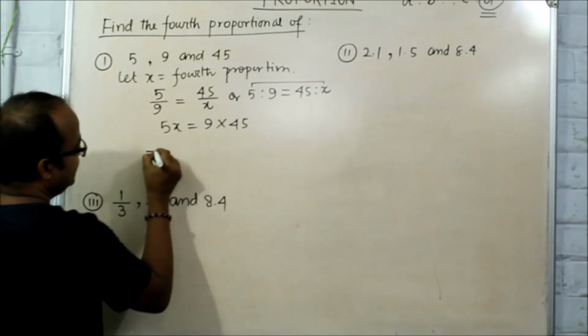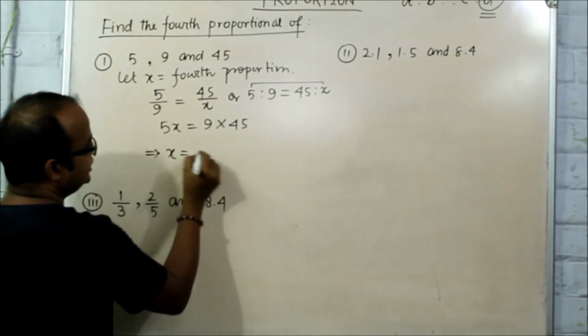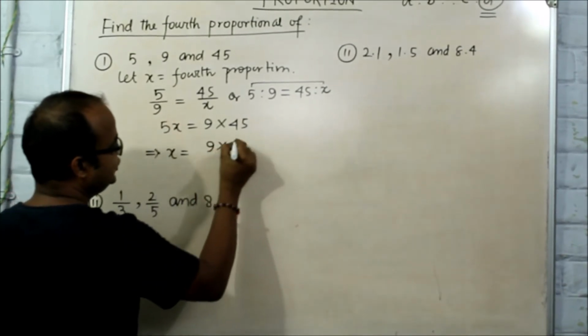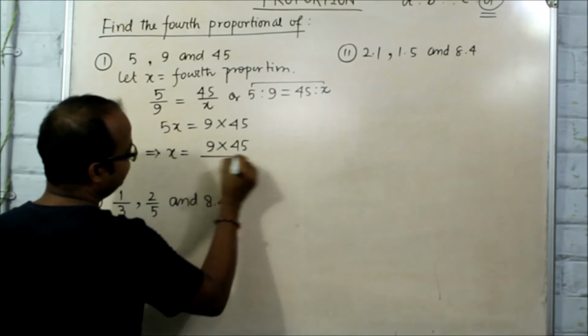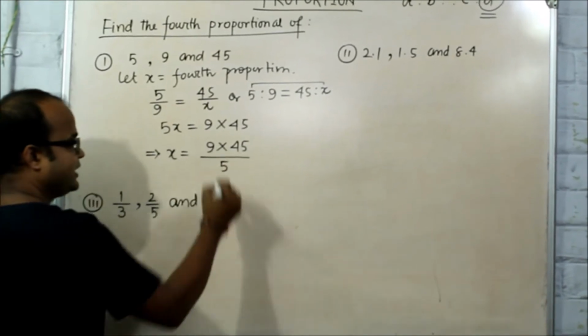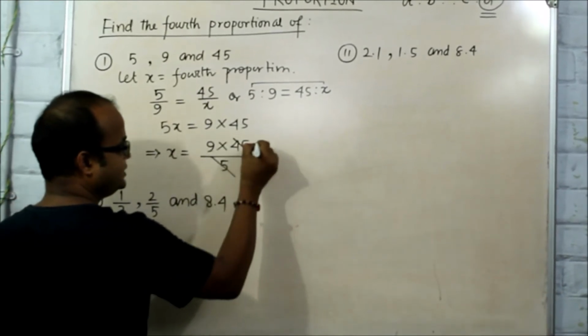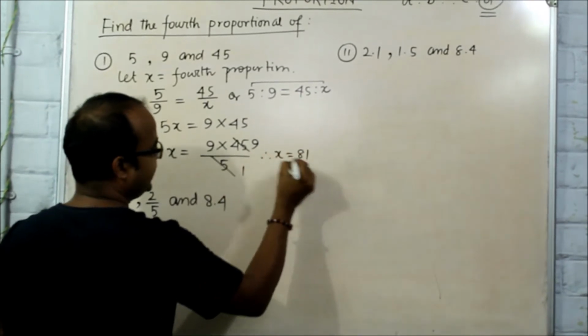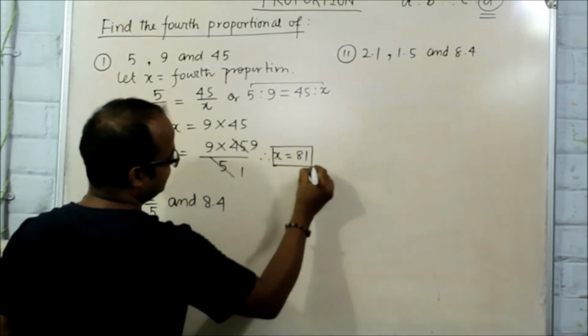Therefore, it implies X is equal to, we'll take this 5 to the denominator, so 9 into 45 by 5. Now we'll cancel 5 1 ja 5, 5 9 ja 45. Therefore, X is equal to 81. Clear?